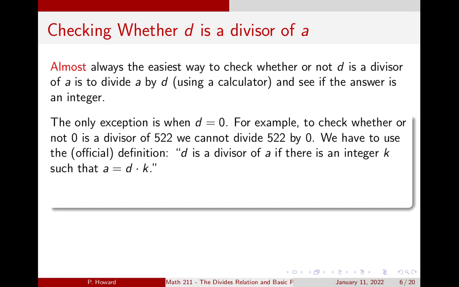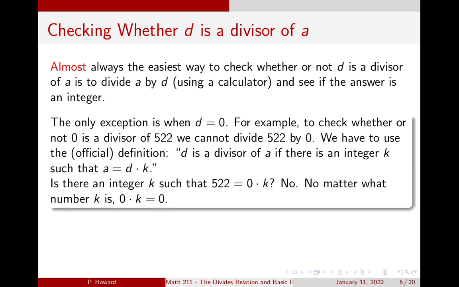In other words, we have to check whether or not the number A is D times some integer k. So is there an integer k such that 522 is 0 times k? Well, the answer is no. No matter what number k is replaced by, 0 times k is going to be 0, not 522.